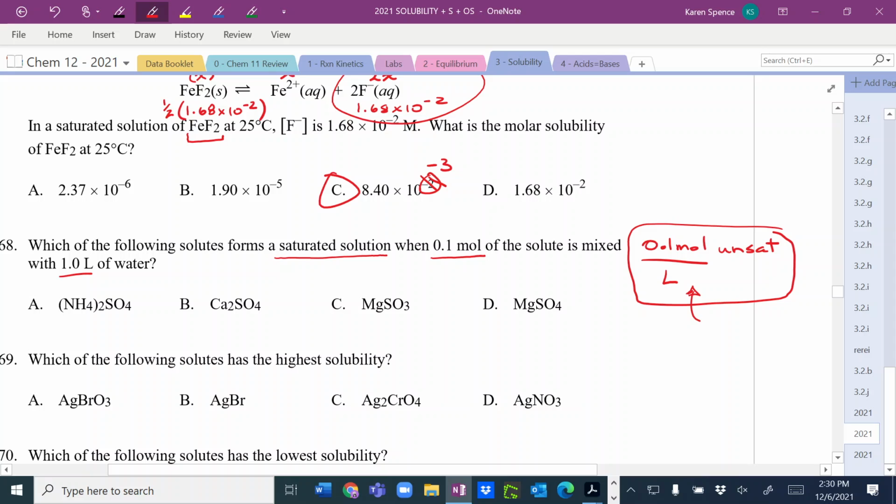Soluble or low solubility? That would be soluble. So we need something that is low solubility, yes, to make it form a saturated solution, so it's not able to dissolve the entire 0.1 moles in 1 liter.